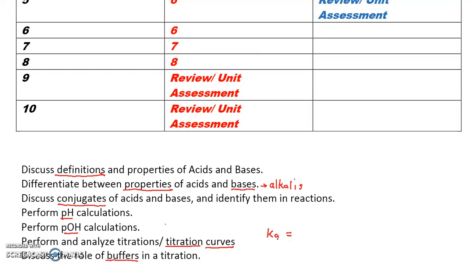So if it's a weak acid, it's going to be a Ka. If it's a base, it's going to be a Kb. And really, it's the concentration of the products over the concentration of the reactants.